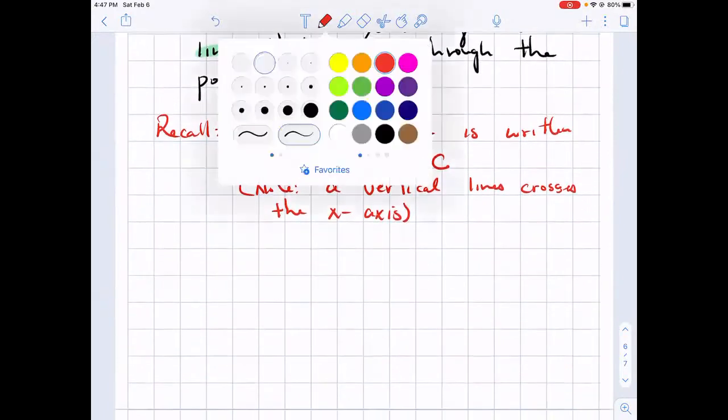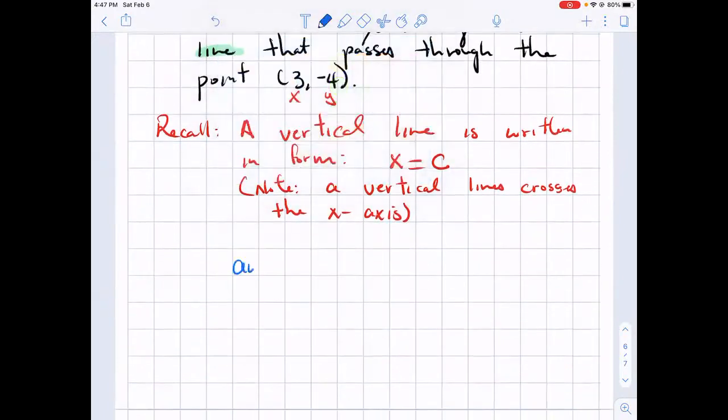So your answer is x equals 3, because this is the x coordinate. That's where the line will cross the x-axis at 3. You do not need to use any formulas. Okay?